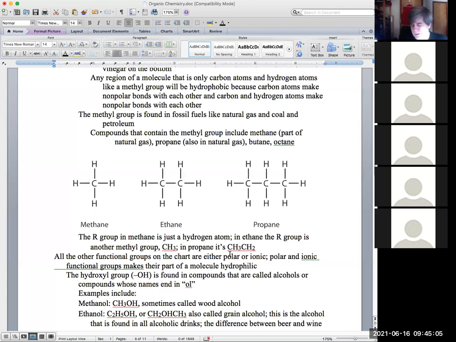So if we look at something like propane, and we were writing the whole formula, we could just count the atoms. We could say propane has 3 carbons. It has 1, 2, 3, 4, 5, 6, 7, 8 hydrogens. So the formula for propane is C3H8. But that doesn't give us much of a hint how the atoms are connected.